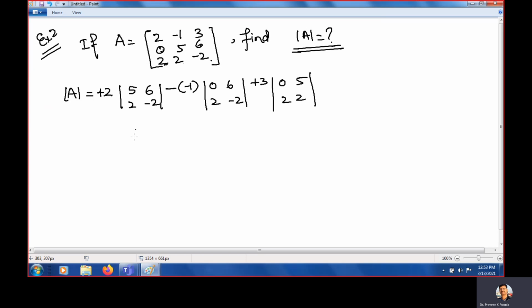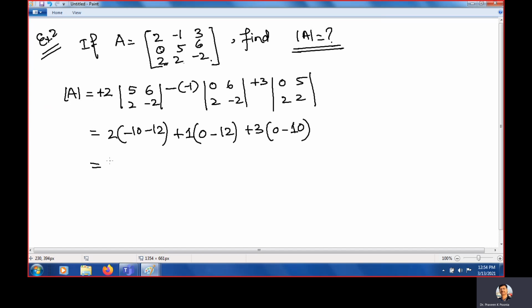And whenever you get acquainted with this technique, your mind is made up with this technique, you can make it a little more short. So 2 into 5 into minus 2, minus 10, minus 6 into 2 is 12. Minus minus plus 1, 0, minus 6 times 2 is 12, plus 3, 0, minus 10.